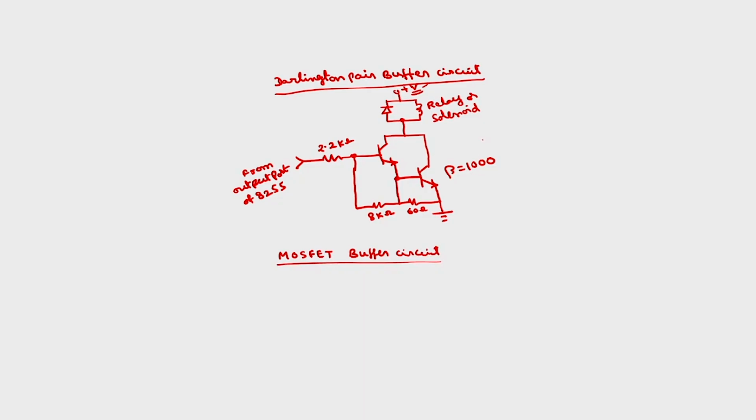Using this, the current can go up to some 4 amps. So the MOSFET circuit will be: we will take from this output port to the gate of the MOSFET.